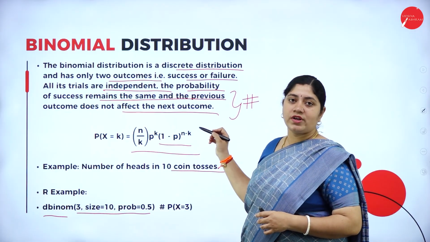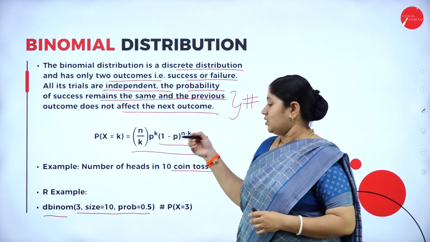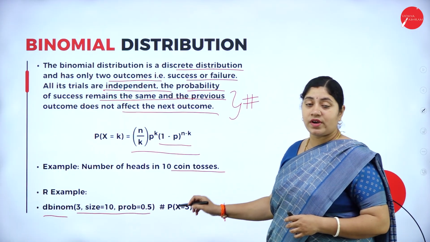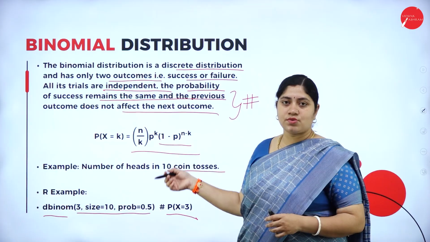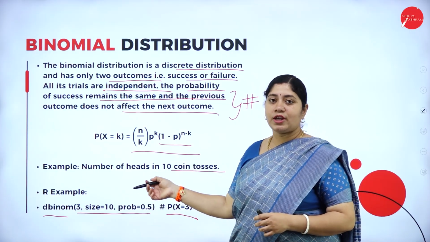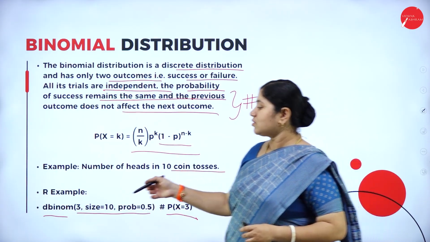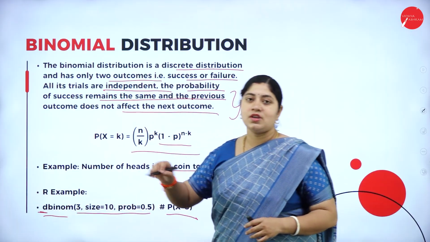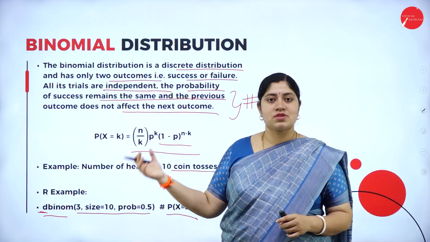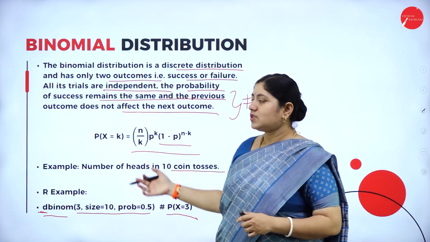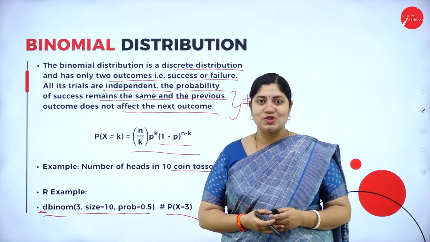Because I am going with 10 coin tosses, right? Next probability is 0.5. How is it 0.5? As my number of trials is 3, I can define the probability as 0.5. Now you can also ask, what is this d over here in a keyword? It represents a discrete distribution, alright. So this is all about binomial distribution.